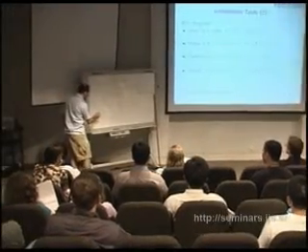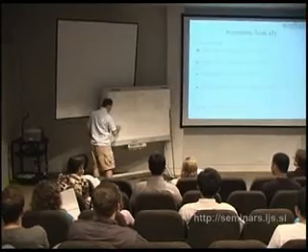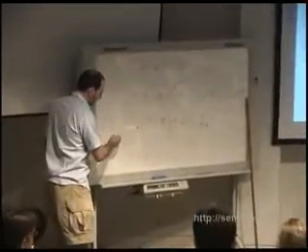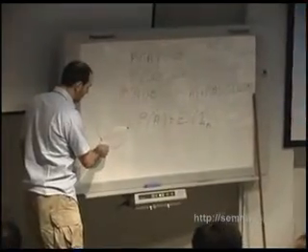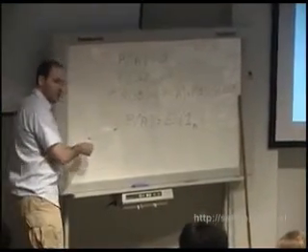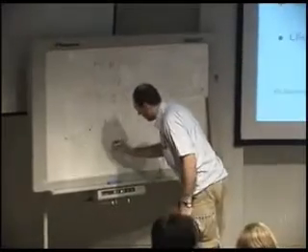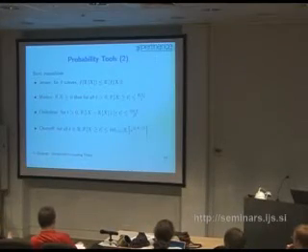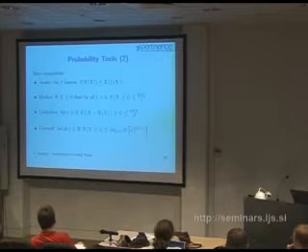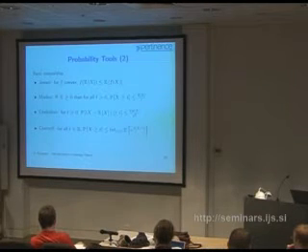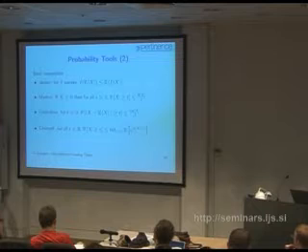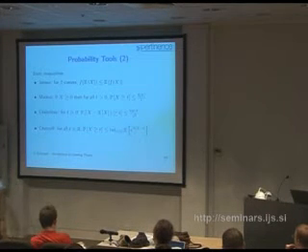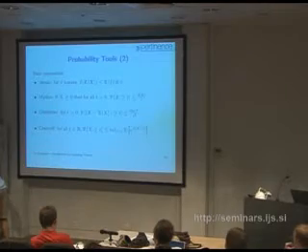If you take 2 points on the graph of this function and draw the line between those 2 points, then the function being convex means that the function is always smaller than this value. That's the definition of a convex function: f of alpha x plus 1 minus alpha y is less than alpha f of x plus 1 minus alpha f of y, for any alpha between 0 and 1.